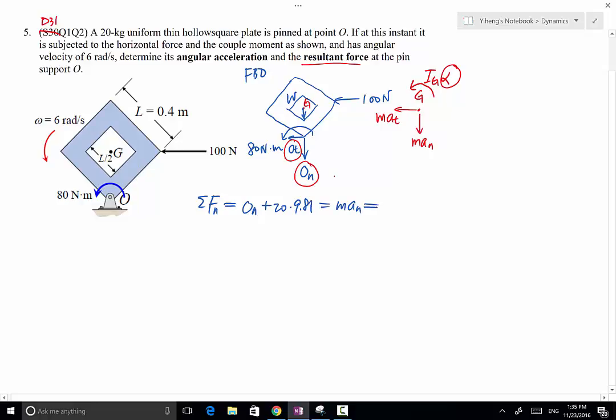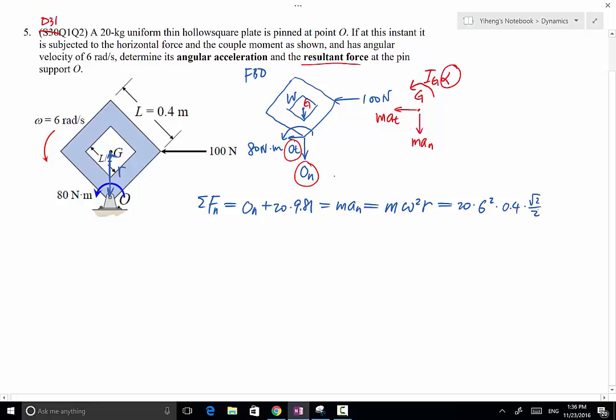But in this case, because this is a rotation about a fixed axis, this becomes M times omega squared R. M is known as 20, omega is known as 6 squared, and R is this distance right here from here to here. If this square has a side of 0.4 meter, then R equals 0.4 times square root of 2 over 2.